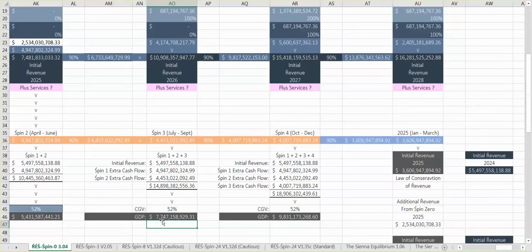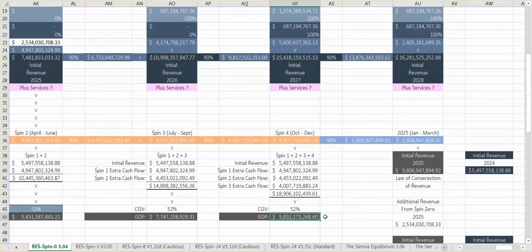Next, at AR 36, we see spin 4, this time October to December, creates additional cash flow of 4 billion. For a total cash flow of 18.9 and a GDP of 9.8, all from an investment of 5.4.